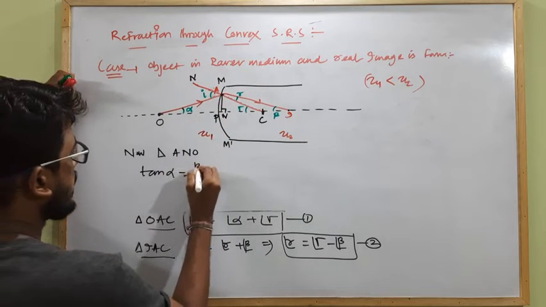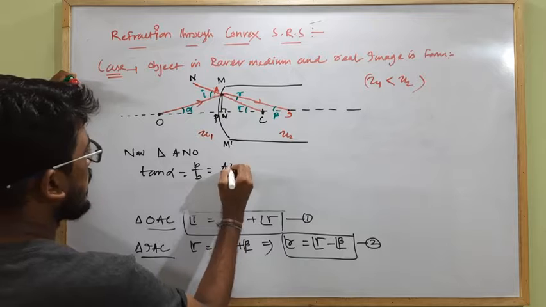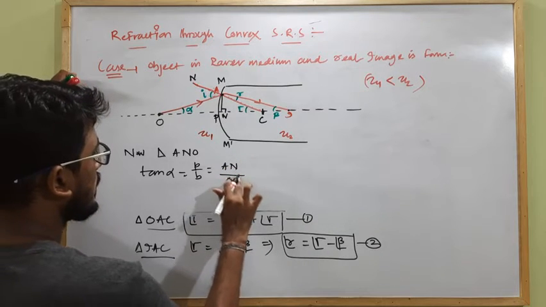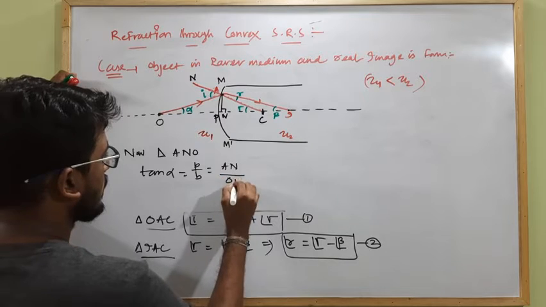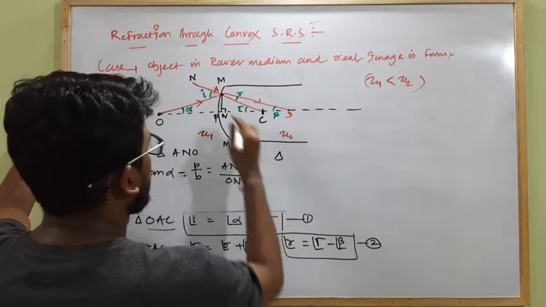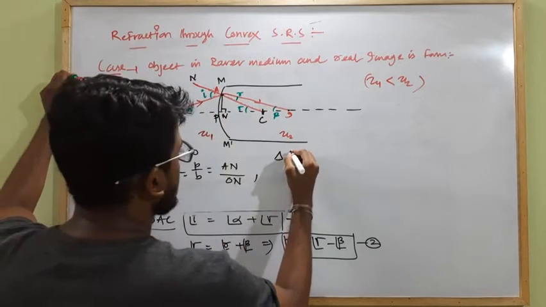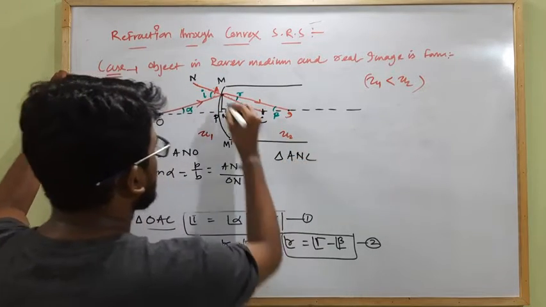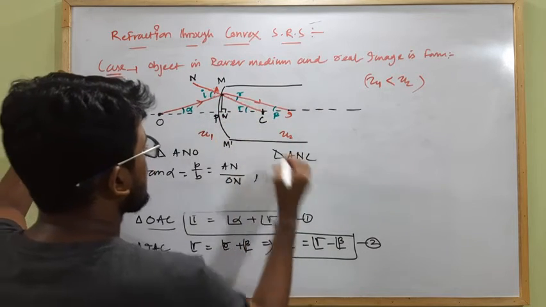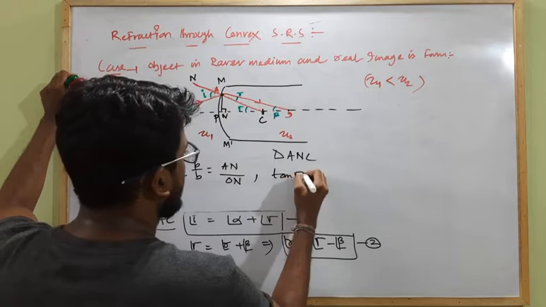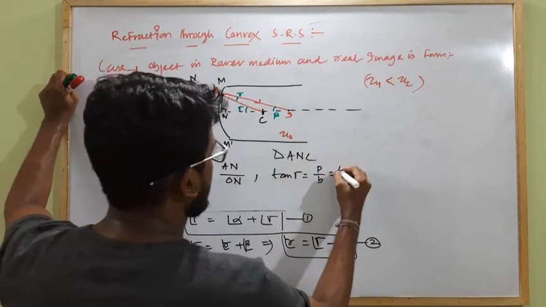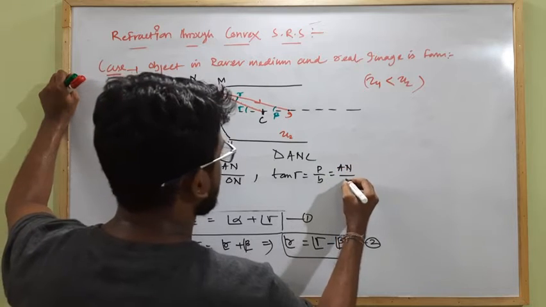P by B, which is equal to AN by ON. Okay, again in triangle ANC, this is also a right angle triangle. In ANC, tan gamma equal to how much? P by B, which is equal to AN by CN.